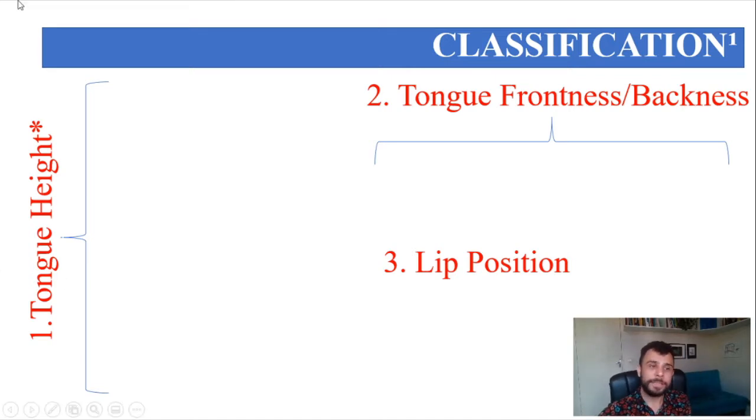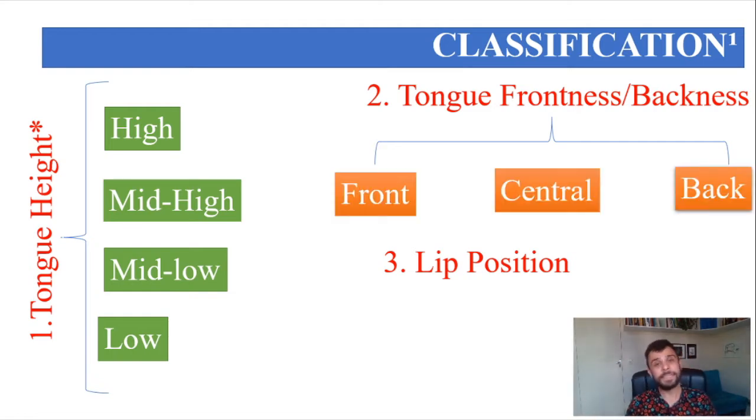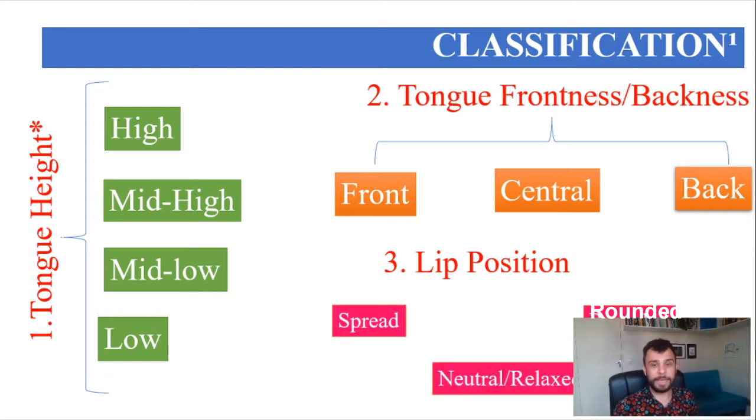So when we're talking about tongue height, your tongue could be high or low, or somewhere in the middle. It could be mid-high or mid-low. When you're talking about the horizontal axis, it could be front, central, or back. Now, when you're talking about the lip position, it could be spread, or it could be rounded.